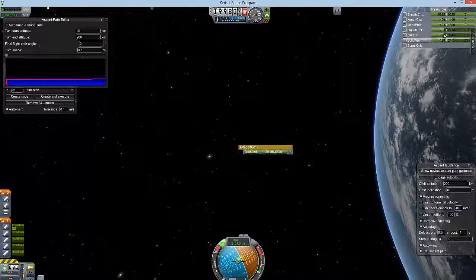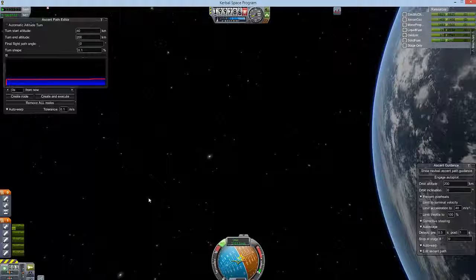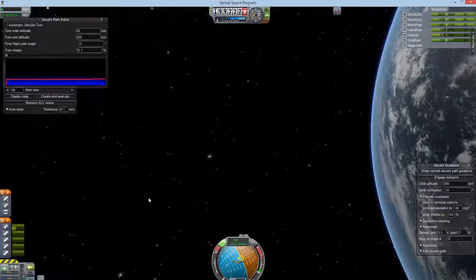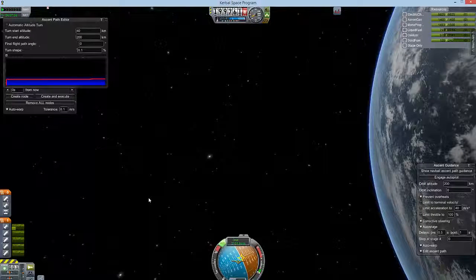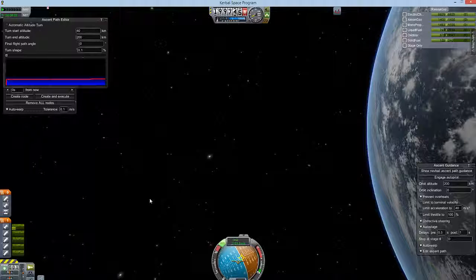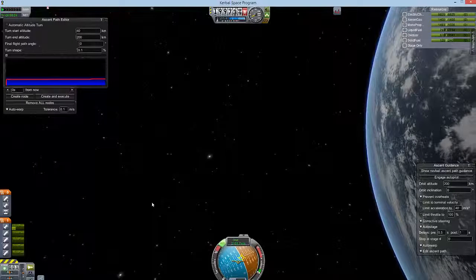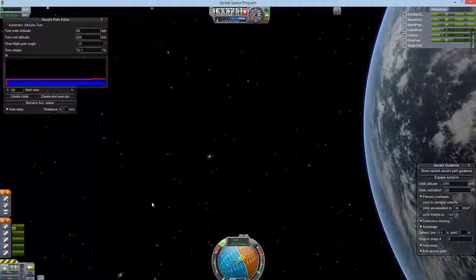I found with most craft in Kerbal Space Program, you're looking at around 40 to 60%. In real life, you're looking at around 80% vertical velocity and 20% horizontal, and that's important to note.